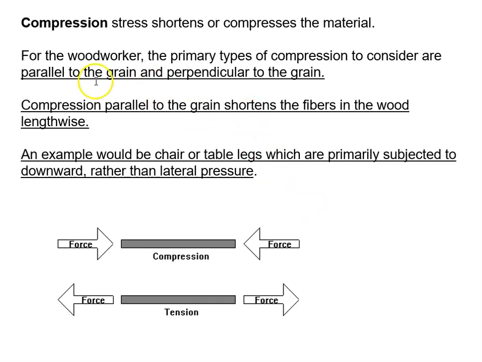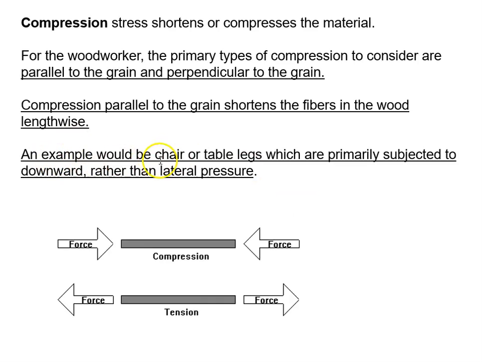Okay, so compression parallel to the grain shortens the wood fibers lengthwise. Parallel to the grain would be loading it like a column, right? The column runs up and down, the wood fibers run up and down, and the load on a column comes directly down on it. So that is parallel to the grain.